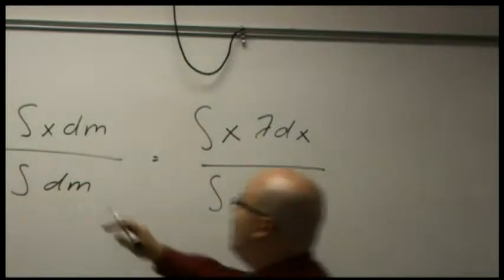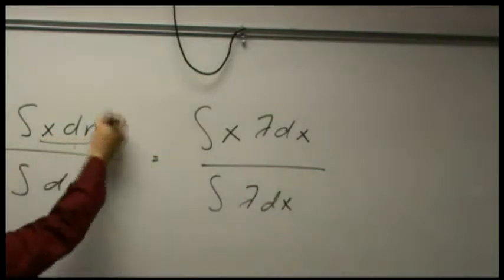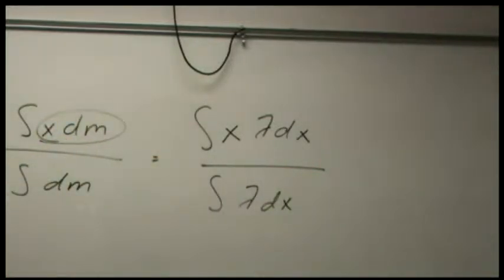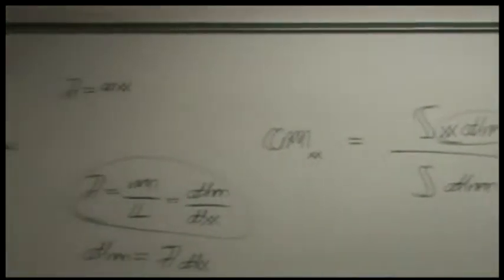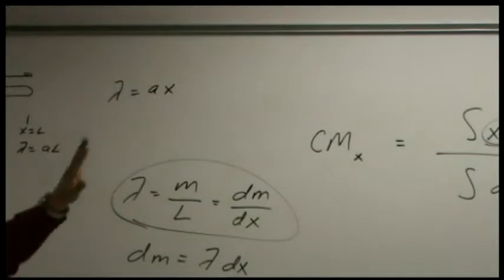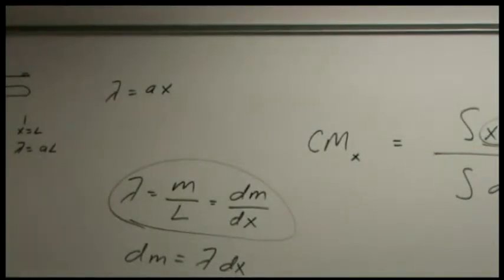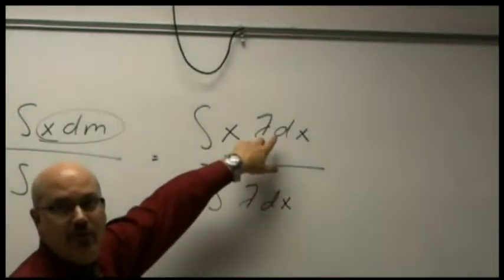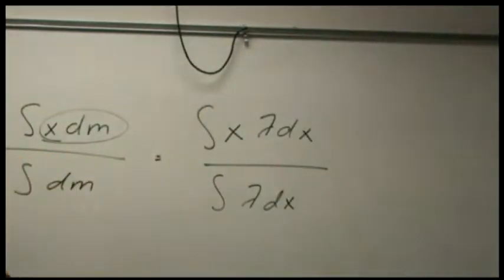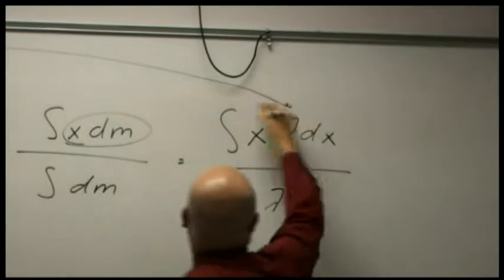The very first thing we've done is connect these two together by this idea of density. Because as you move through x, you're moving through mass, so you have to connect those two ideas together. Now they're connected, but we have to know what lambda is. So we plug lambda in here and here.